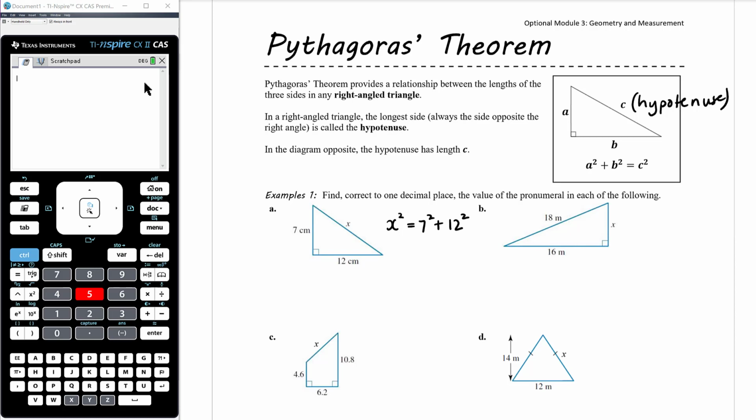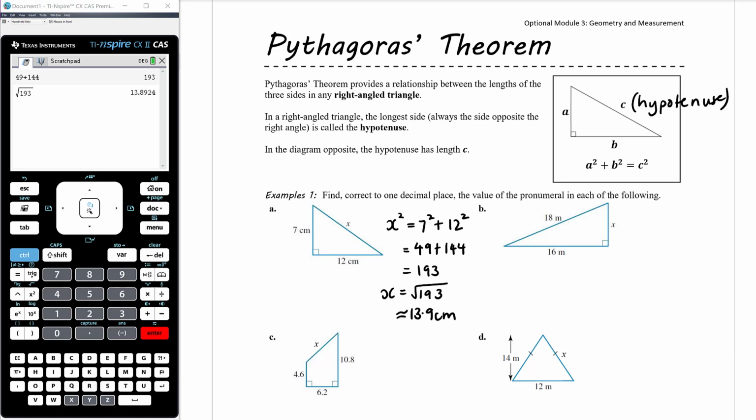So 7 squared is 49, plus 12 squared, which is 144. 49 plus 144 is 193, and so x is the square root of 193. Control enter for a decimal to one decimal place is 13.9, and units here are centimetres.